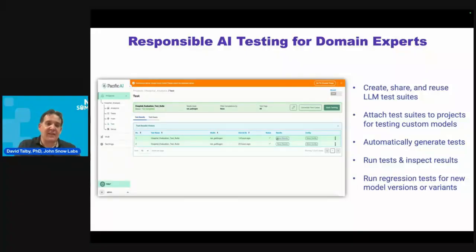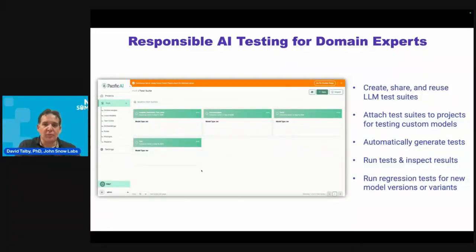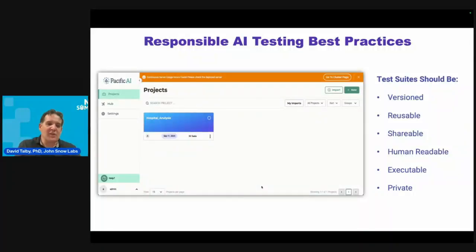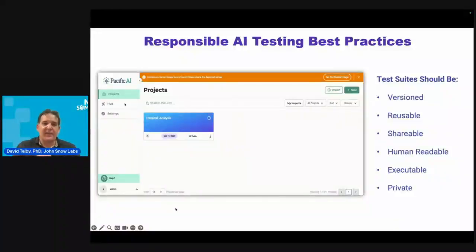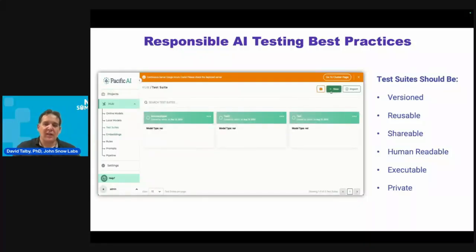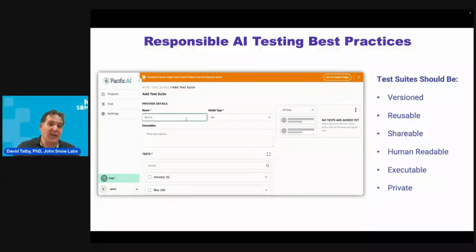The second thing that a user interface does for you is it enables you to automate best practices. Like the fact that a test suite should not just be a file, it should be versioned, it should be shared, it should be reusable, it should be, of course, executable and something that you actually execute, right, as part of every new iteration of a model before it's deployed.